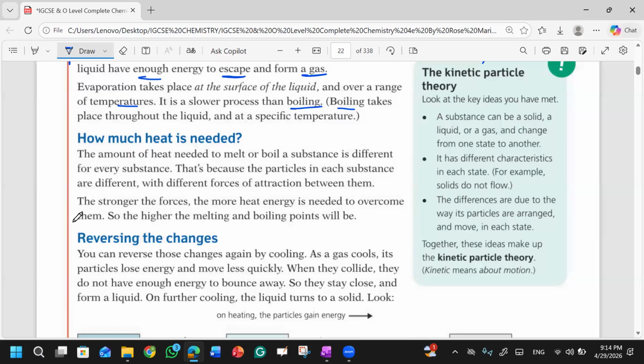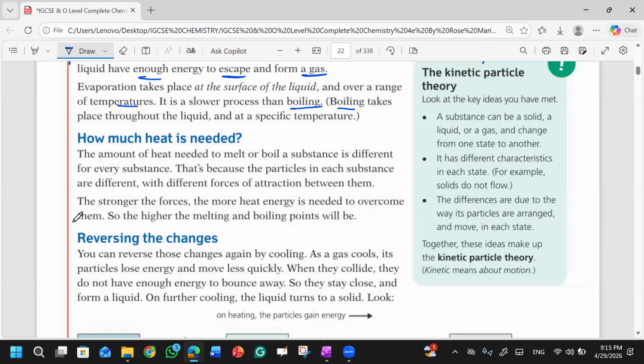So there are different particles in milk as compared to water. That is why there will be different forces of attraction in milk and in water. So there is a difference in their forces of attraction, and that's why you need a different amount of heat for these two substances.